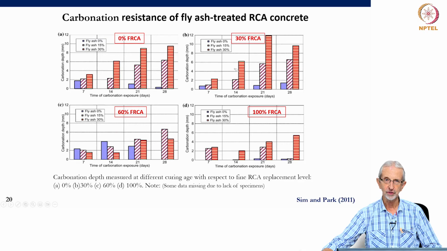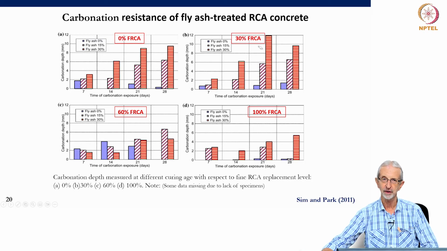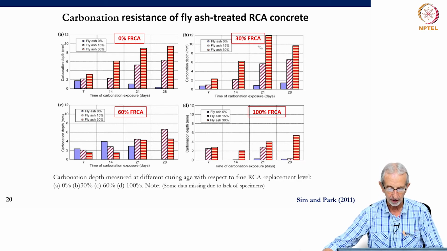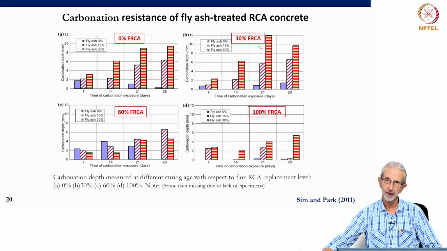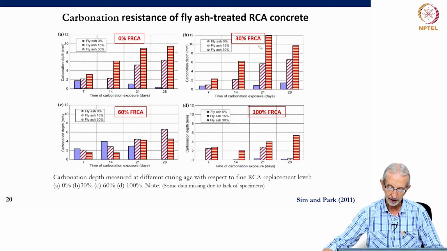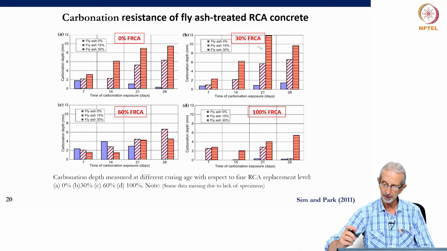These are important issues. So, for example, if we look at this one here, this is from another set of investigators, what we find here is that almost conversely to the previous, with, in this case, fly ash treated concrete and fine recycled replacements, we see that it is apparently up to even 100%.